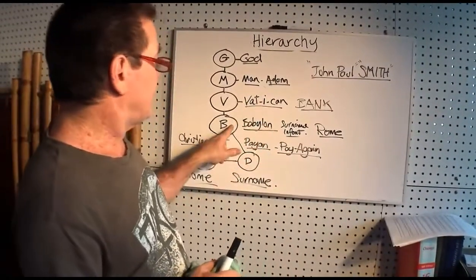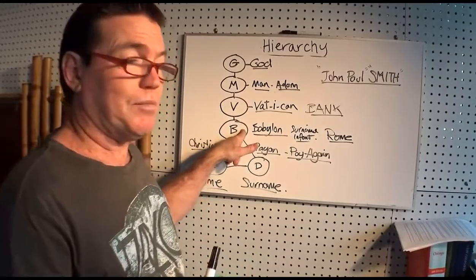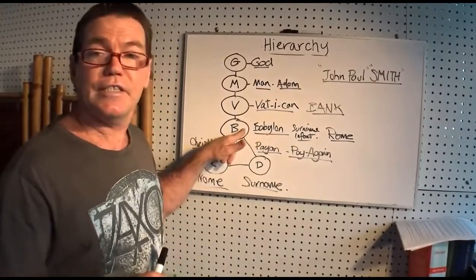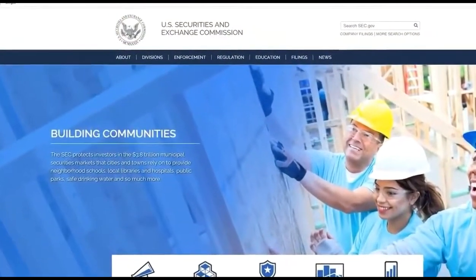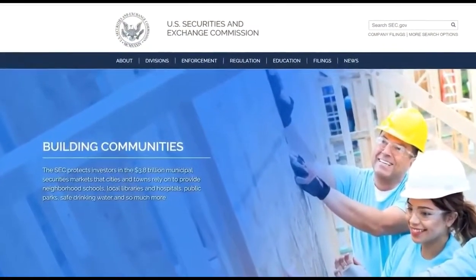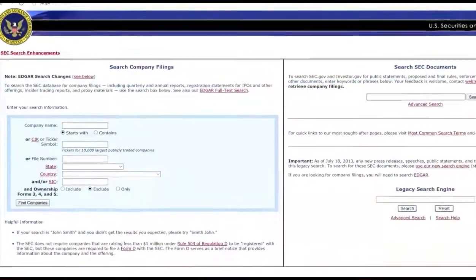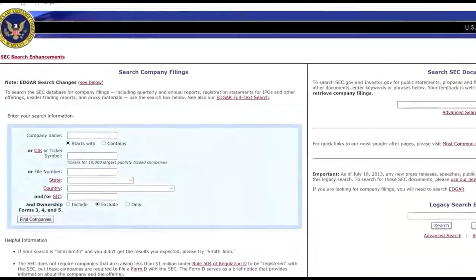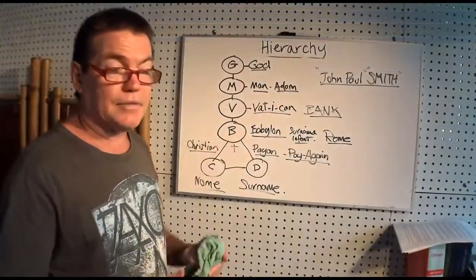And then when someone asks you, like a police officer or someone from the Babylonian state, which at the moment is probably the United States Securities and Exchange Commission that owns all of the nations of the world, as well as Canada and the Commonwealth of Australia and the United States.